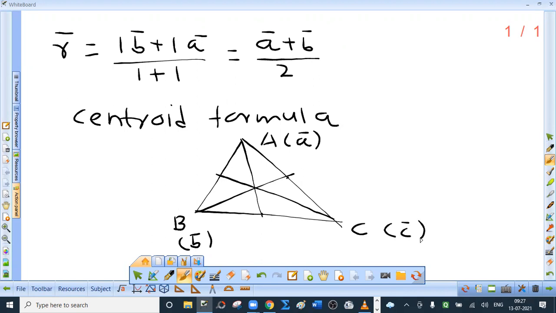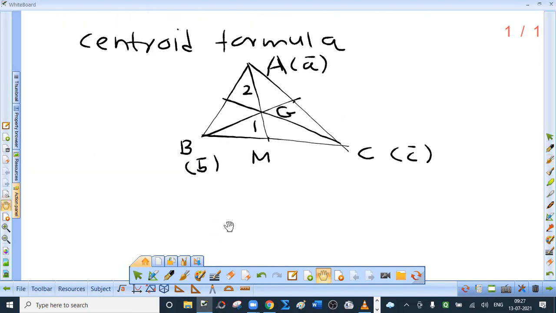Suppose M is the midpoint of side BC. Now the point of concurrence is called the centroid. You should know that the centroid divides every median in the ratio 2:1 internally, the greater part being towards the vertex, that is the apex.